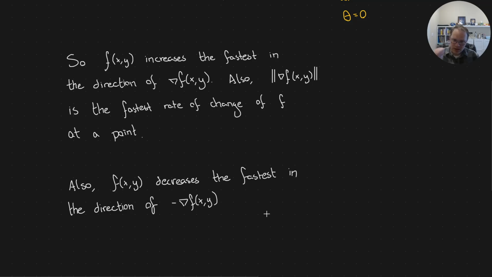That just points it in the opposite direction. And it kind of makes sense, right? If you're looking at just a single point and you're looking at the place where the surface is steepest, at that exact point it's also going to be steepest going down in the exact opposite direction, right?